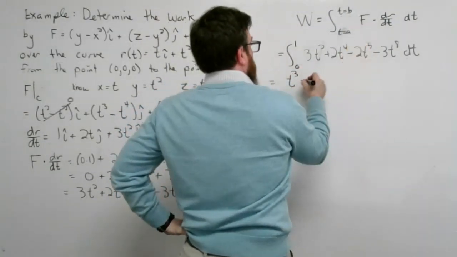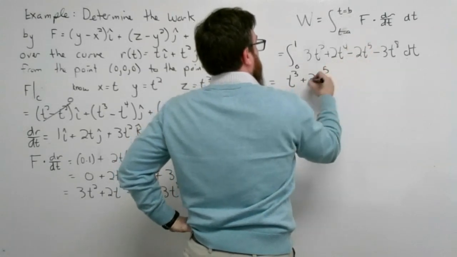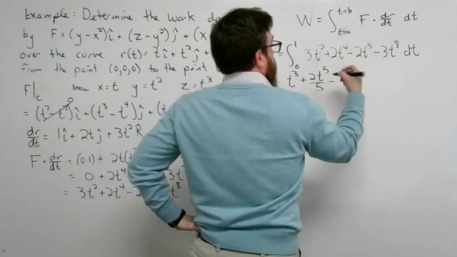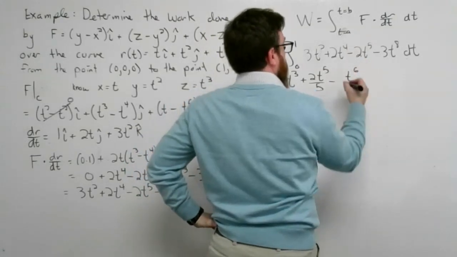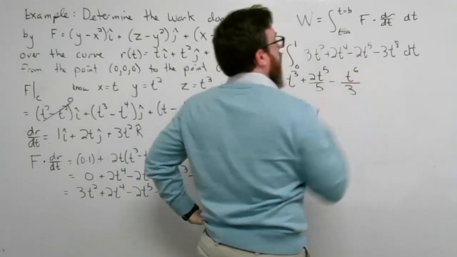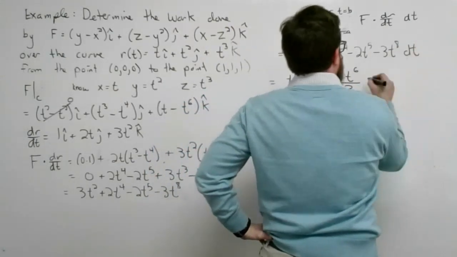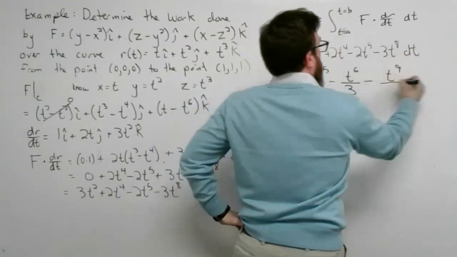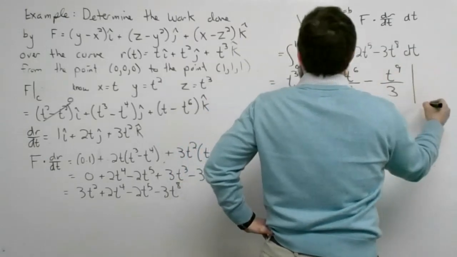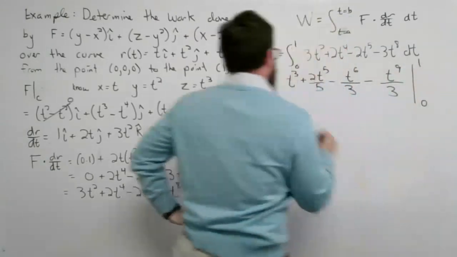This is going to be 2t to the fifth over 5, minus t to the sixth all over 6. And this is going to be 3 t to the ninth over 9, so t to the ninth over 3, evaluated from 0 to 1.